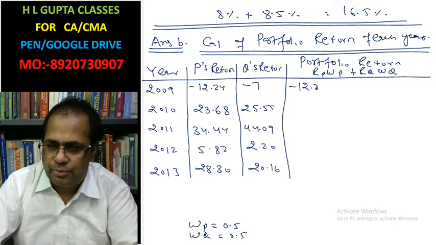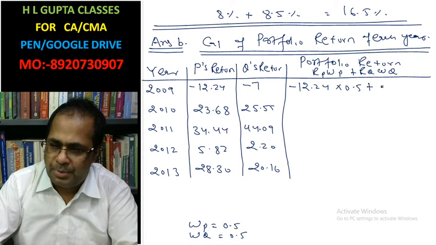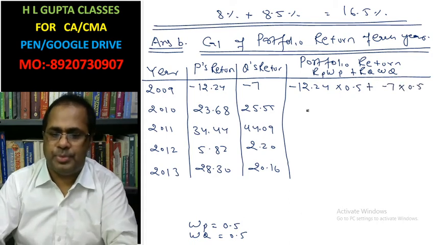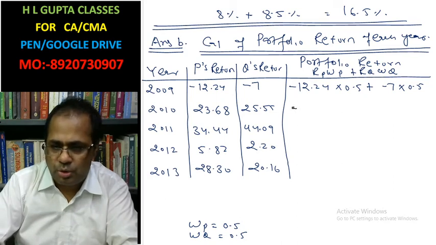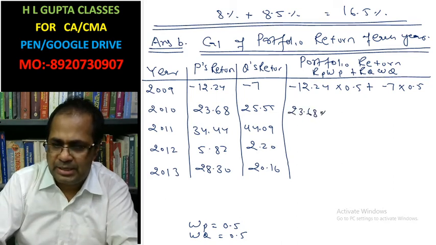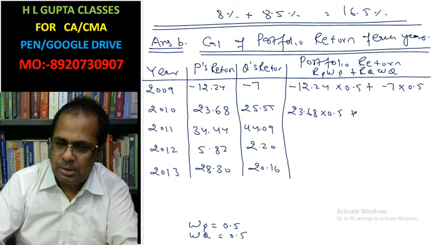Minus 12.24 into 0.5 plus minus 7 into 0.5. Then 23.68 into 0.5 plus 25.55 into 0.5.